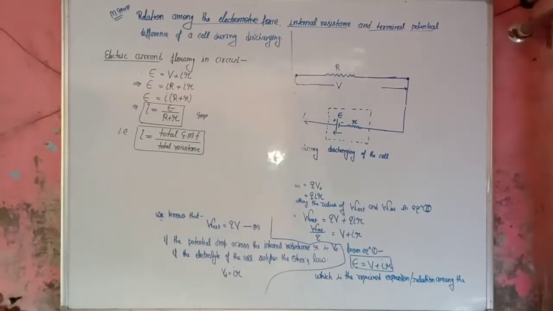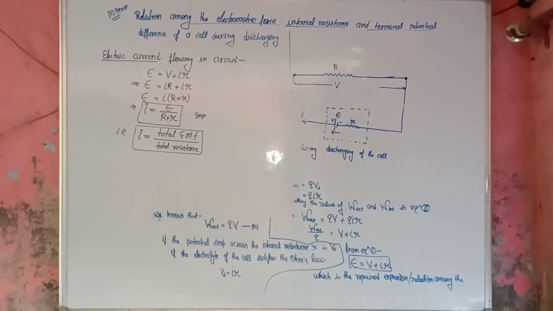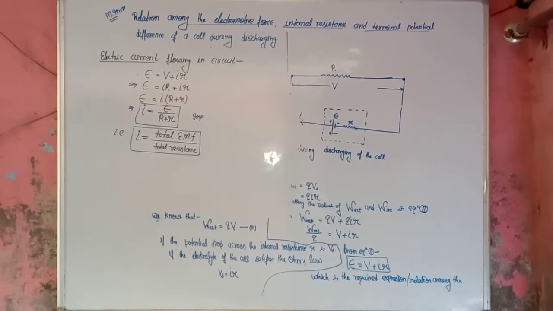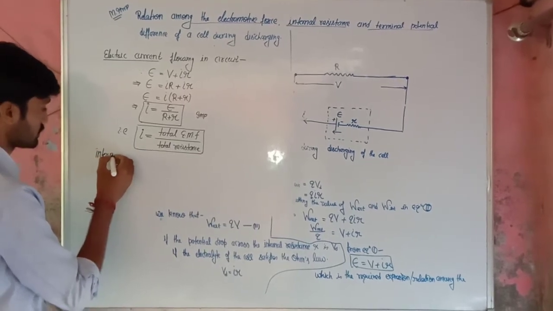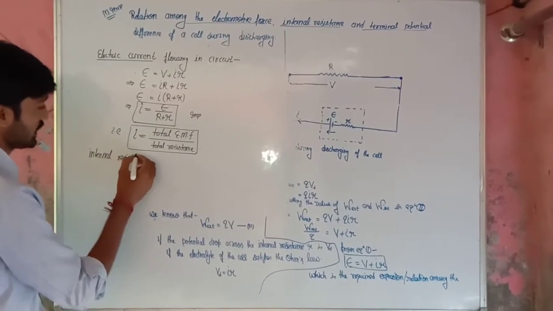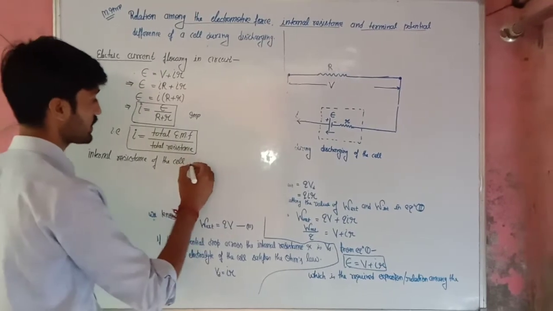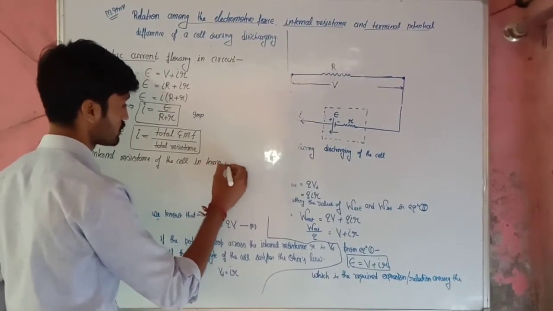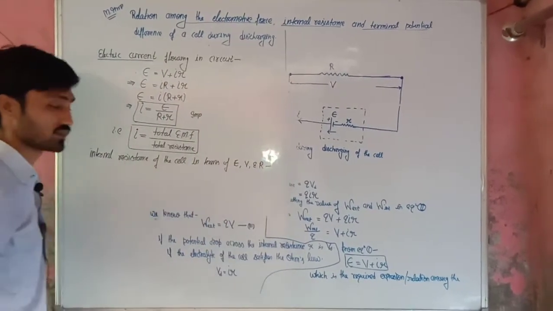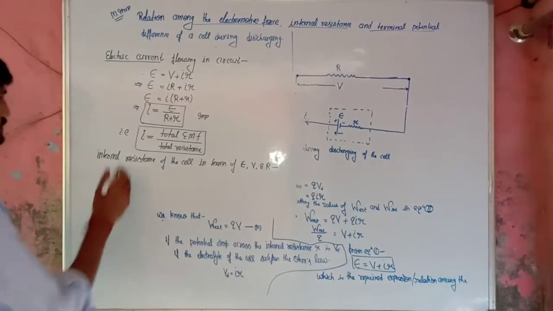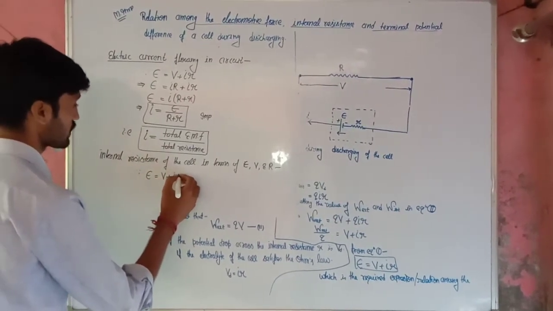And second thing now is the internal resistance of the cell in terms of E, V and capital R. Now for this we use again this formula, since E equals V plus I r.